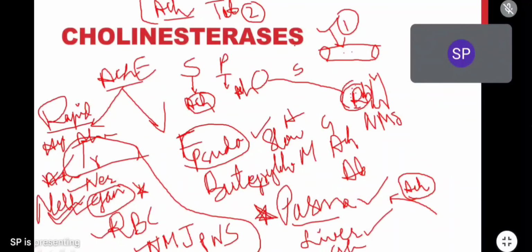In both scenarios, it will not show its action. When acetylcholine is injected into the body through IV or IM, initially the drug enters the blood circulation. From the plasma it is circulated to all body parts.